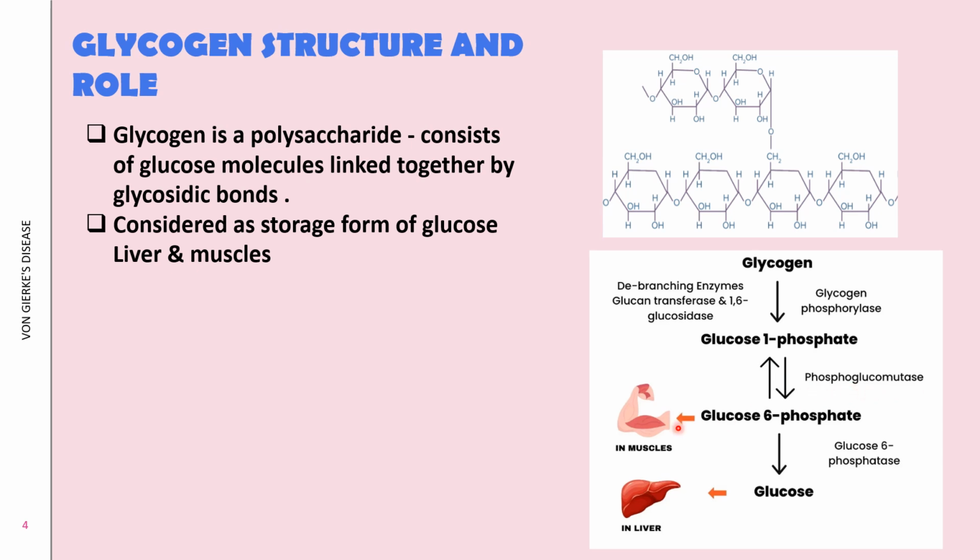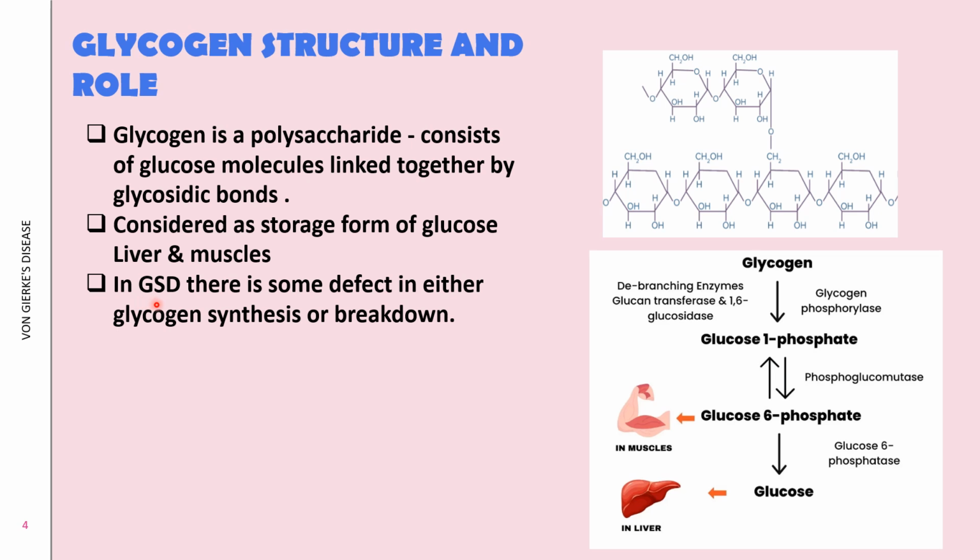This phosphoglucomutase converts glucose 1-phosphate into glucose 6-phosphate. This glucose 6-phosphate goes to the liver and is acted upon by the enzyme glucose 6-phosphatase to form glucose, and this glucose is released into the circulation to maintain the glucose levels. So this whole pathway is known as glycogenolysis.